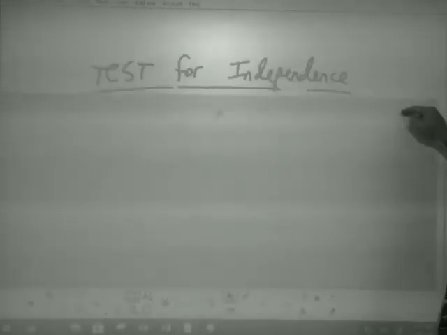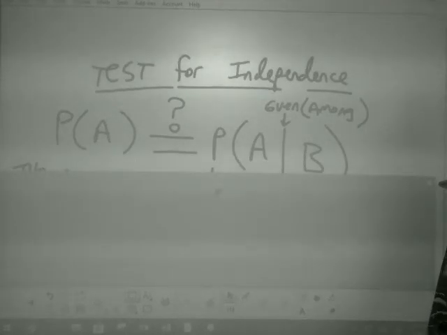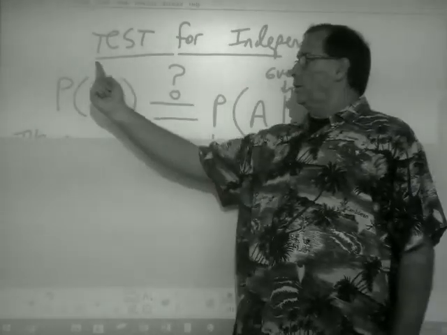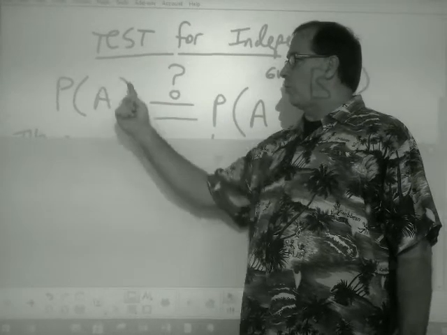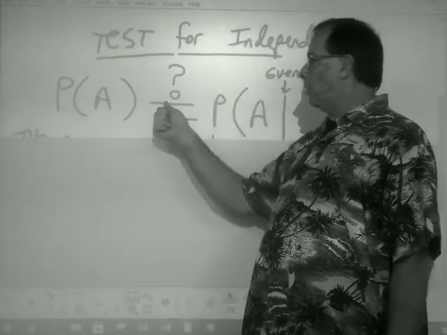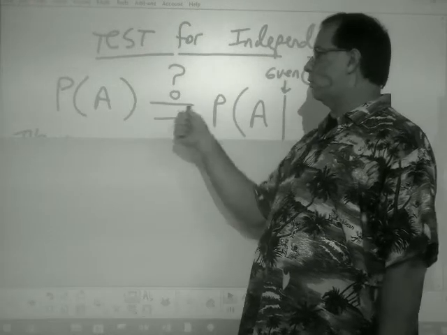So the test for independence checks the following relationship. You look at the percentage or the proportion of one of the variables. And you want to know, so this is the equal sign with a question mark, are these equal?